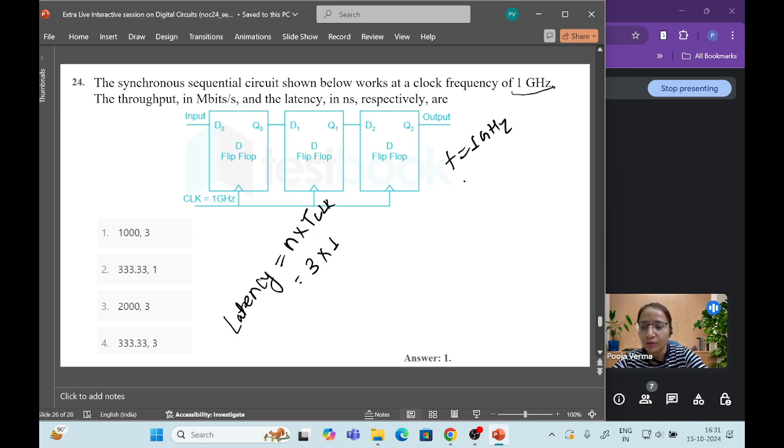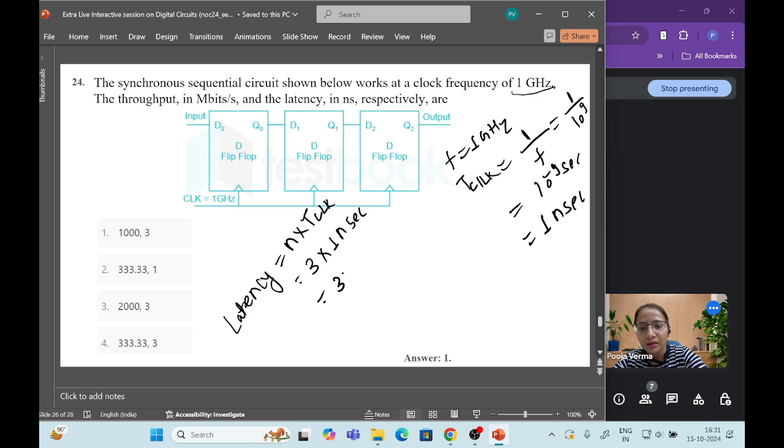So in order to find out T clock, 1 by f, so 1 by 10 to the power 9, gigahertz means 10 to the power 9, so 10 to the power minus 9 second. Okay, so that means it is written as 1 nanosecond. So 1 nanosecond T clock. So total latency will be 3 nanosecond, if you multiply.